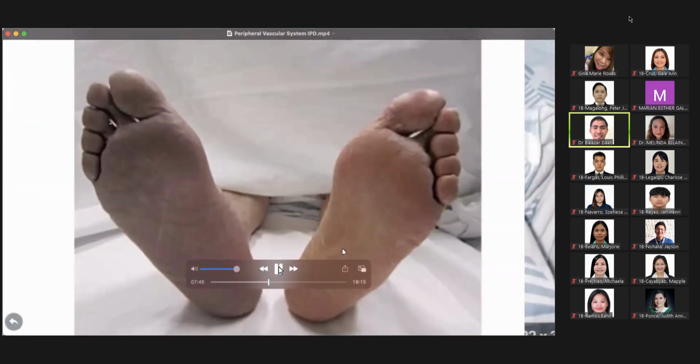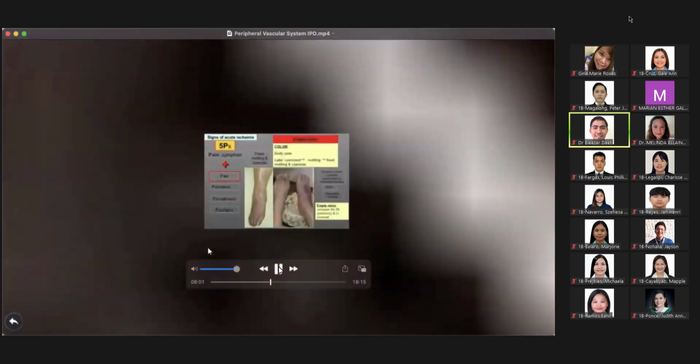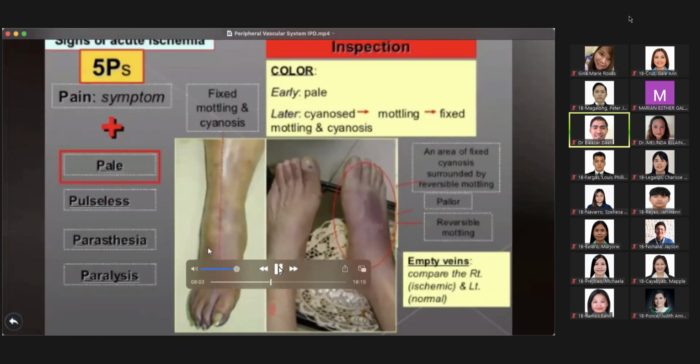So what is the problem here? What's wrong, right or left? You can see there is cyanosis on the right lower extremity. This is one of the signs of acute ischemia.